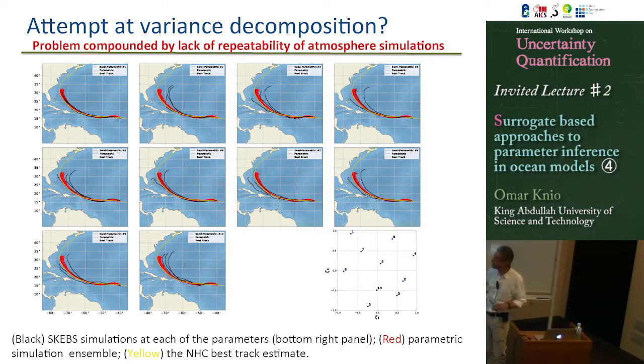If we didn't have the lack of repeatability, we could at least try to learn something about stochasticity in a situation where we don't have major impact on the storm track. But the lack of repeatability is really a problem for us, because it makes meaningless the fact that I'm fixing some parameters and the seeds of my random forcing, if the parallel computing environment is acting as its own random number generator.